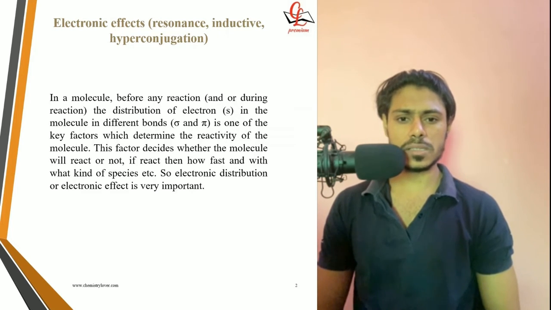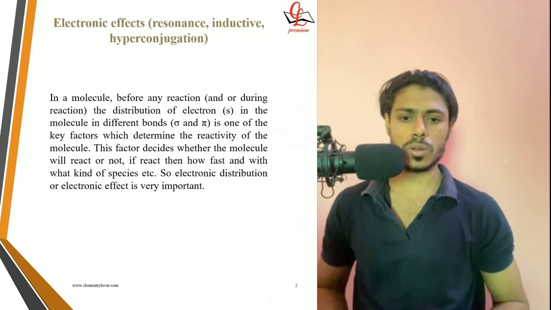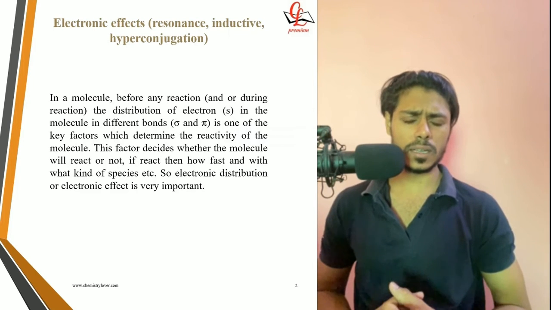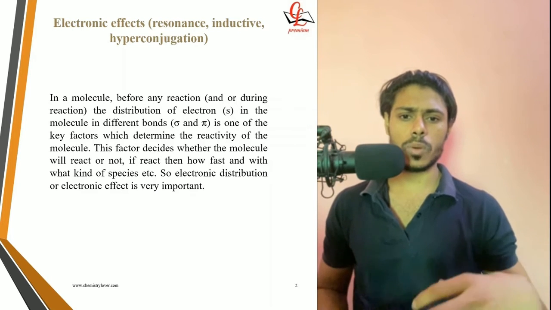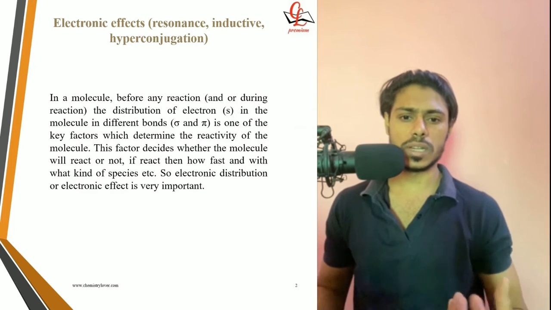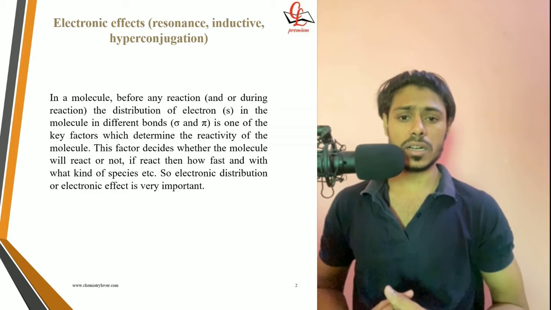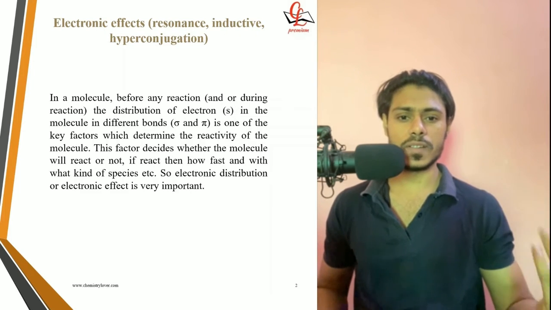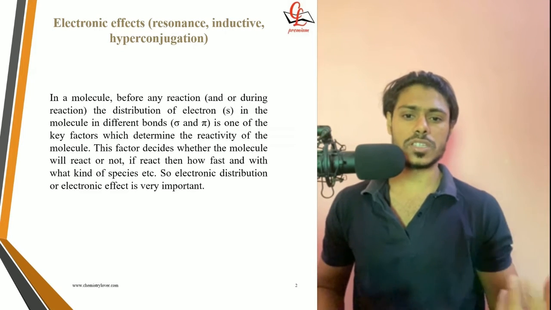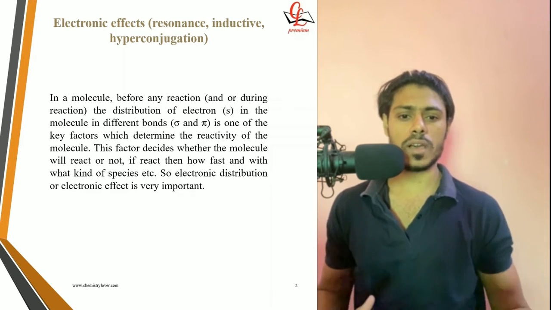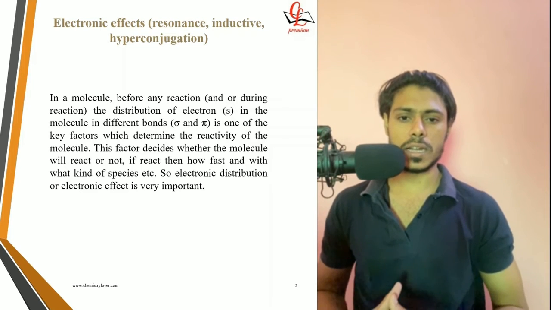Electronic effect means the distribution of electrons in a chemical bond around different atoms, and the different electronic effects decide whether a particular atom will acquire electrons or lose electrons, and that will in turn dictate whether it will react or not, and if it reacts, to which species it will react and how fast it will react. So all these things depend on electronic effect.